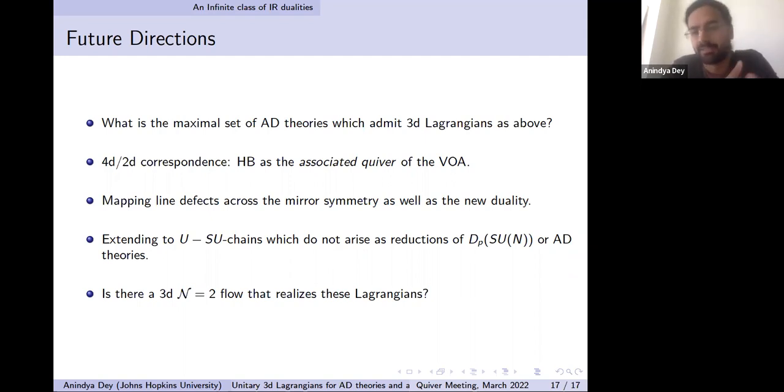So the question is, can I say anything interesting about the vertex operator algebra from the quiver itself? So that's a question. The third one, which is a work in progress, is mapping line defects across mirror symmetry as well as this new duality. So some partial results were obtained in a paper that I wrote in December, but there's a lot to explore in that direction.